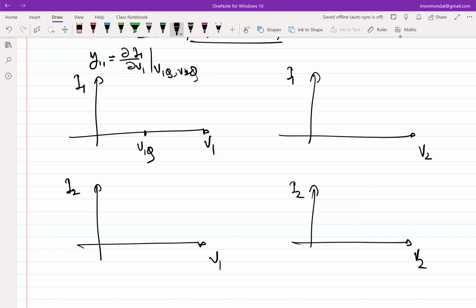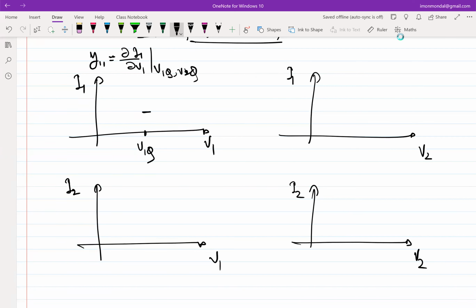Y11 is the slope of I and V. So if the slope is 0, what does it mean? It should be a straight line parallel to the voltage axis, right? It should be a straight line around the quiescent point.